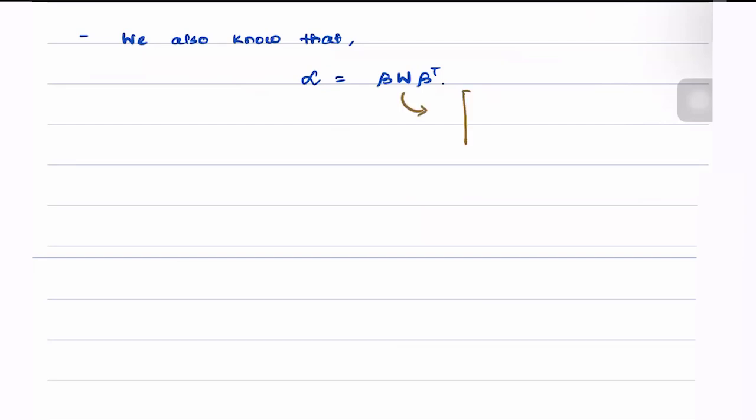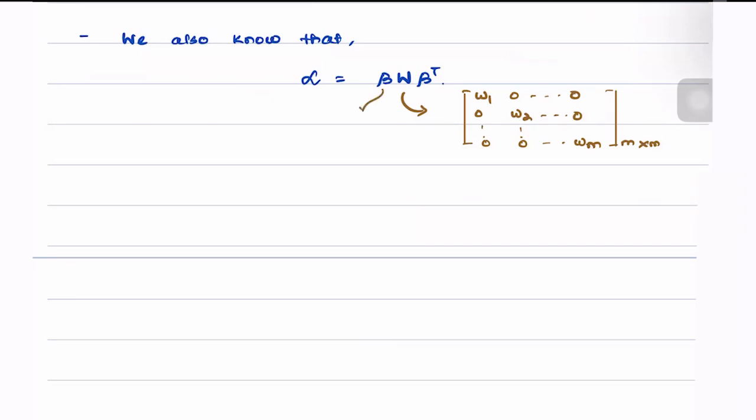W is simply a diagonal matrix where each diagonal entry is simply equal to the weights of the edges, meaning it has full rank and its dimension is equal to M cross M. Okay.